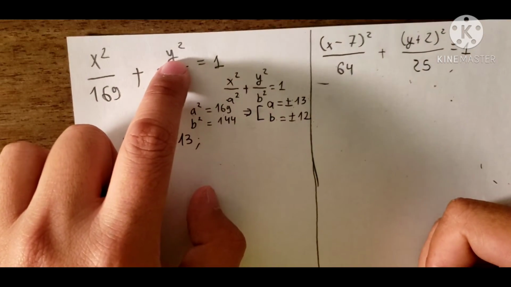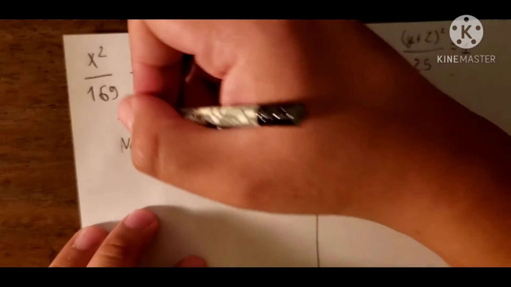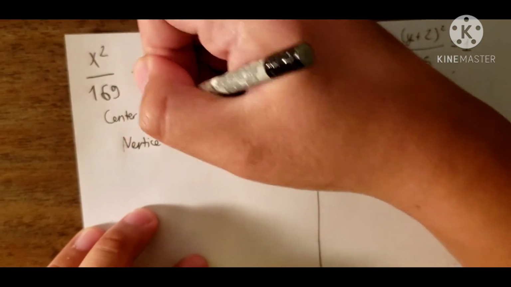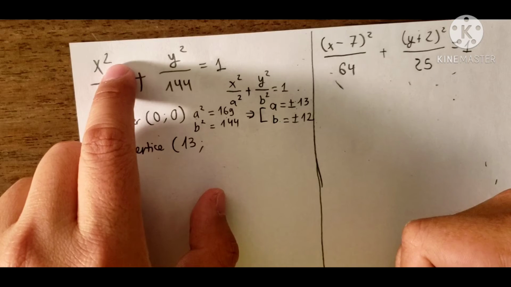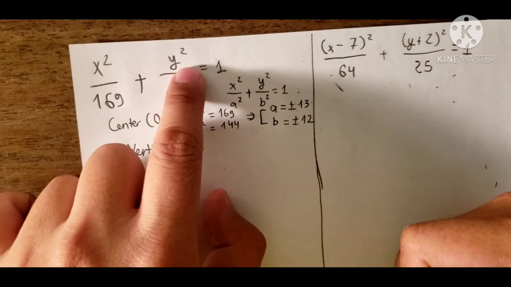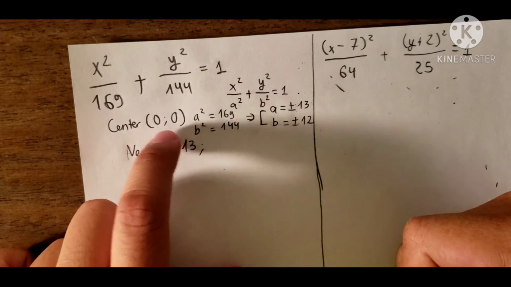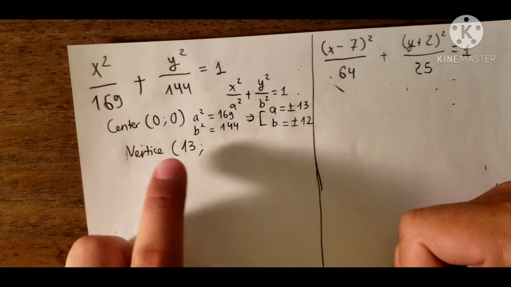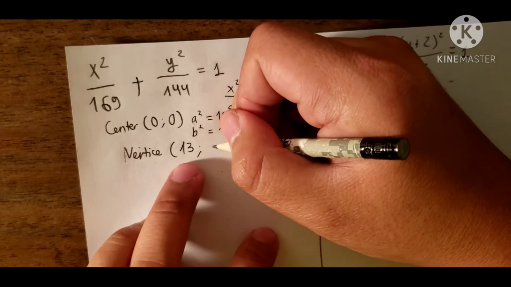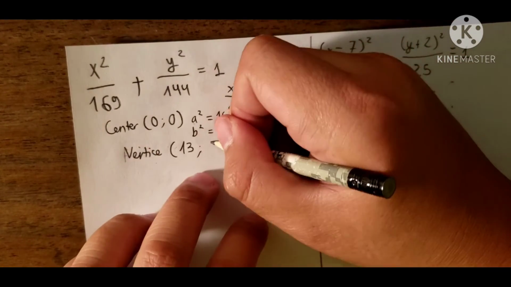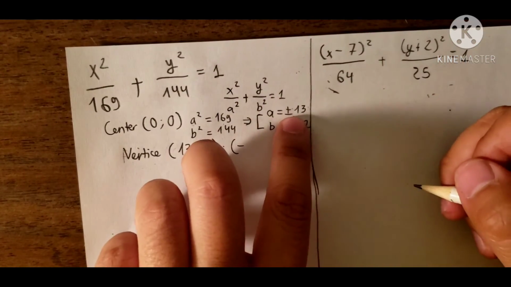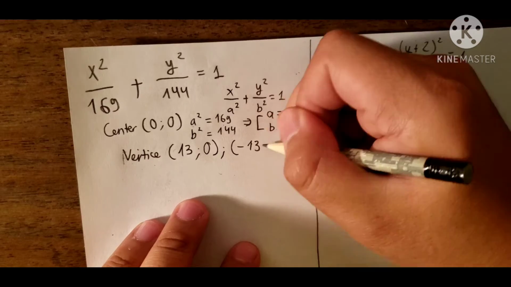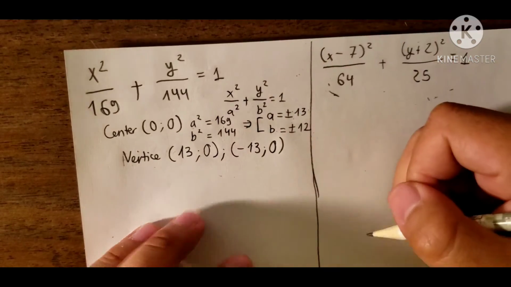The center of the ellipse in here is about 0 and 0, because we don't have a number on neither x nor y. That's why the center is 0 and 0. So on the vertex we have 13 and y will become 0. So we have negative number. We have negative 13 and 0.